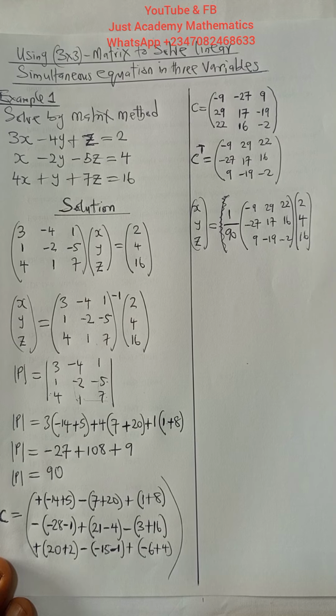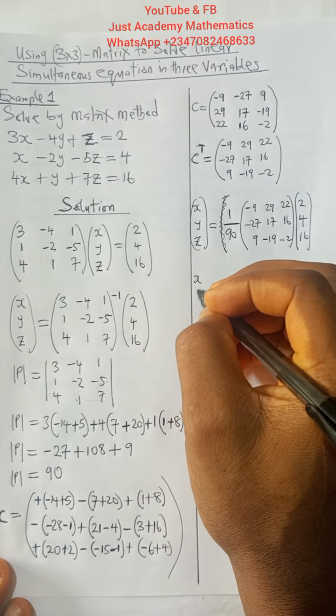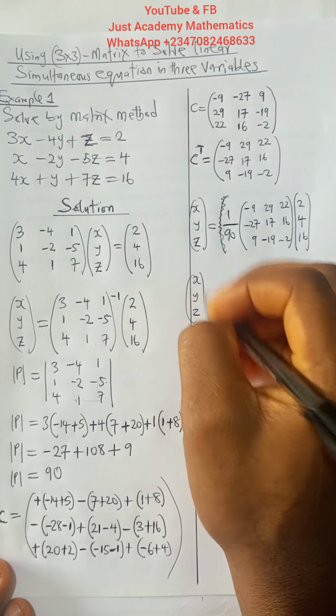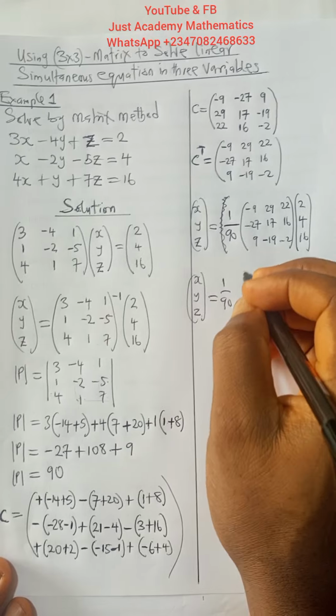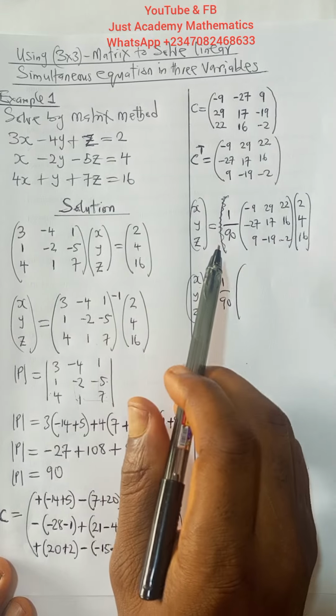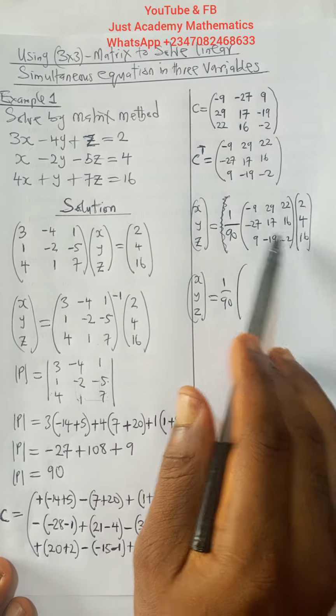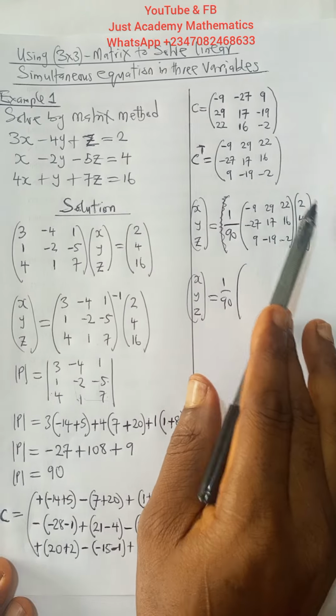So we just times to get our answer. So we step it down again. x, y, z is equals to, just leave this one where it is. Then let's times this and see what happened. So this will times this, this will times this, this will times this.